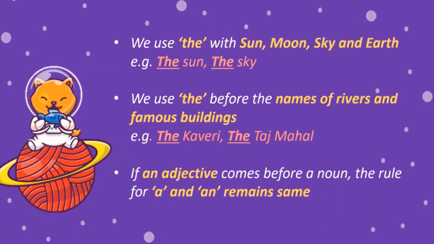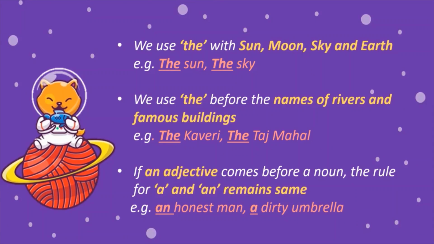If an adjective comes before a noun, the rule for a and an remains the same. As we have noticed previously, we write a before a consonant sound and an before a vowel sound. You must be knowing what adjectives are. They are words that describe a noun. Here, honest describes the noun man.